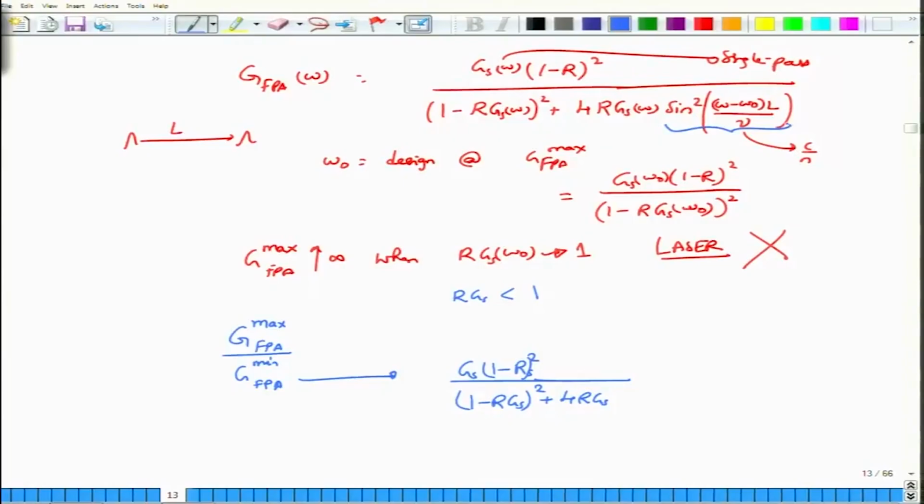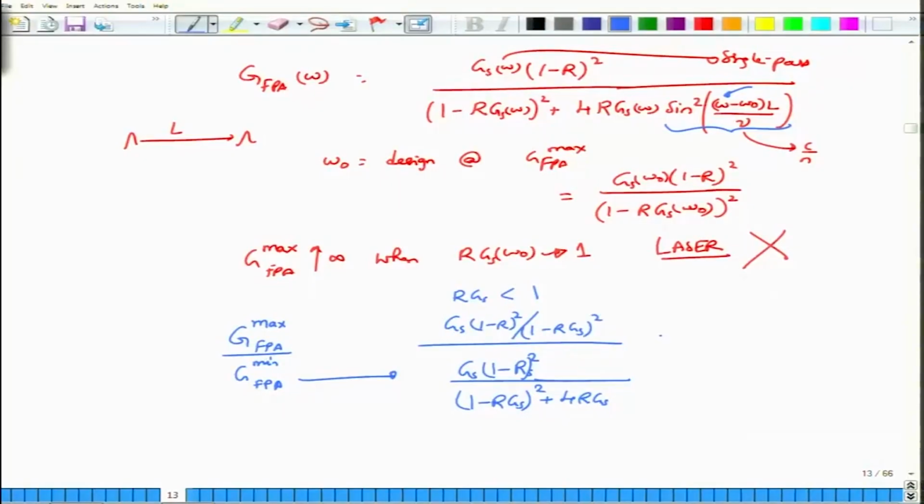You can find out at what frequencies that condition holds, and for those you will have a minimum value of the gain. The maximum value we have already written: Gs (1 minus r) square in the numerator divided by 1 minus r Gs in the denominator.